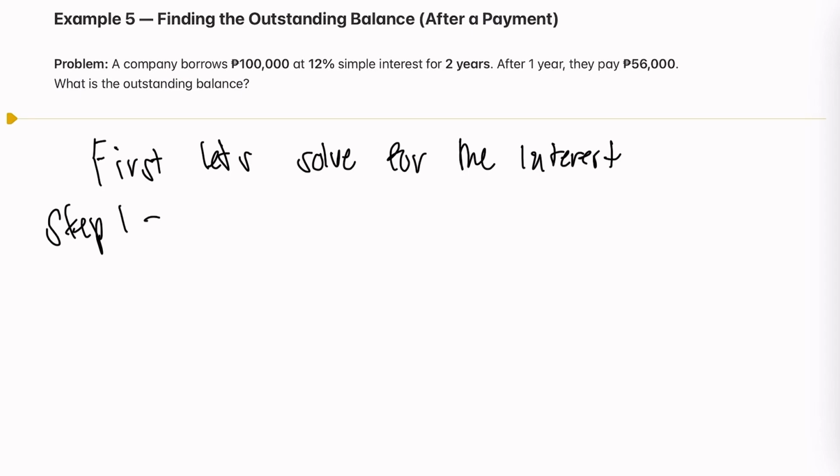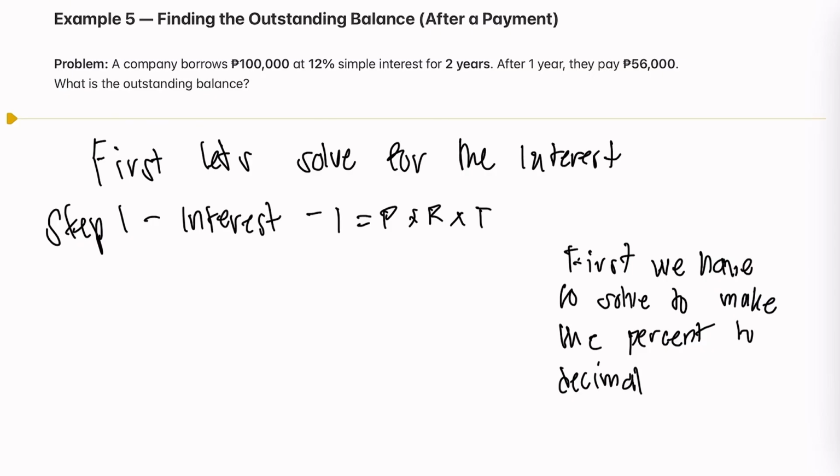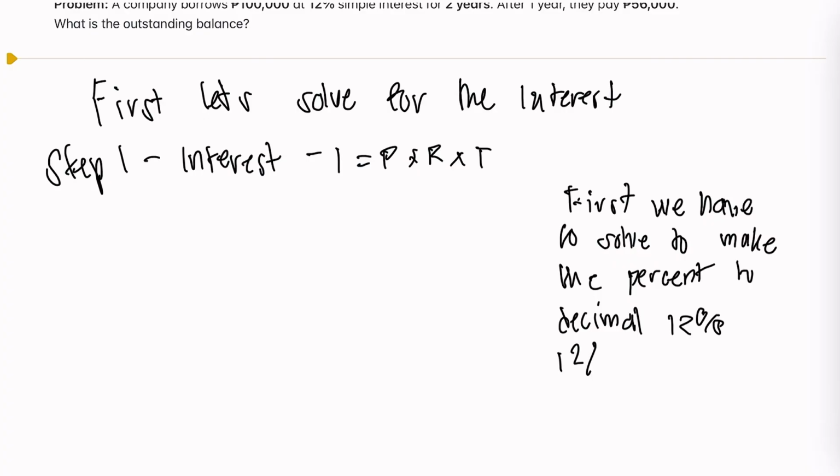Step 1. To find interest, we use the formula I is equal to P times R times T. Before we proceed, we have to change our percentage to decimal. 12% divided by 100 is equal to 0.12.